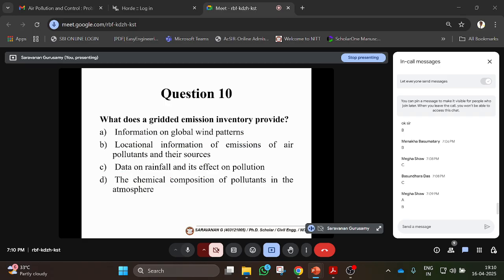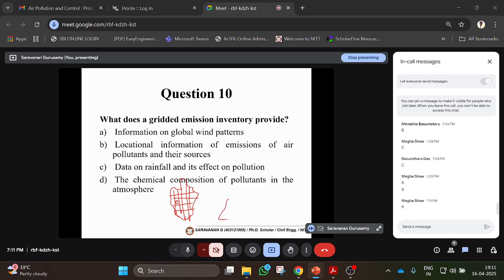What does a gridded emission inventory provide? There are four different emission inventories. One is called the gridded emission inventory. What will a gridded emission inventory do? What will we get? What are grids? If it is an India map, I'm sorry for this, you can divide it into different grids. Each grid can have a color coding.